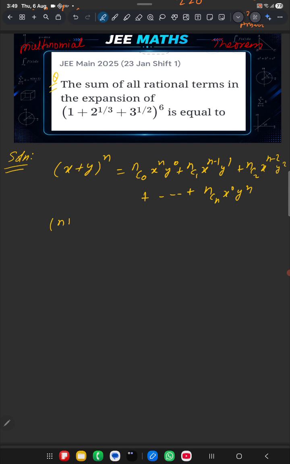Altogether it has n + 1 terms. Yes or no? Total number of terms, this you already know.